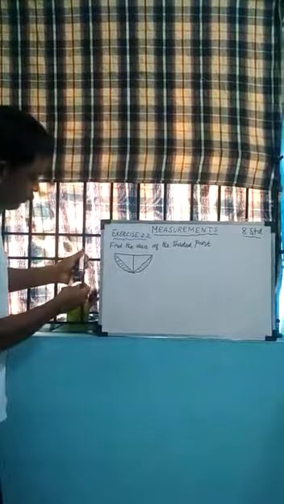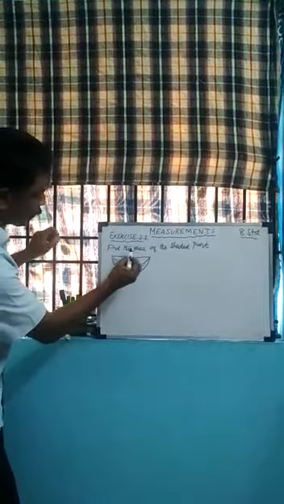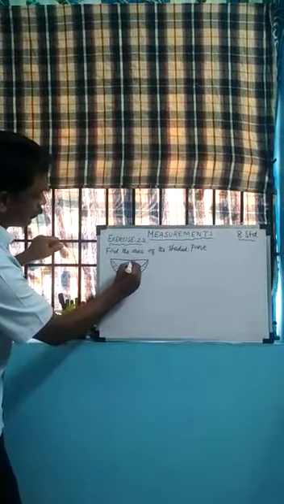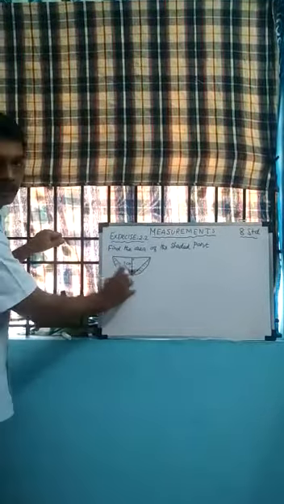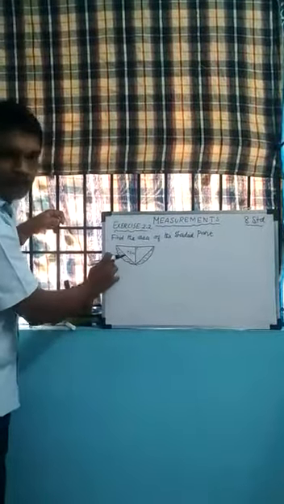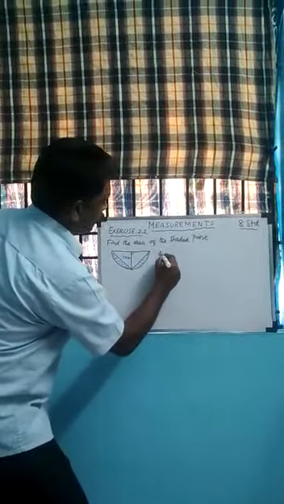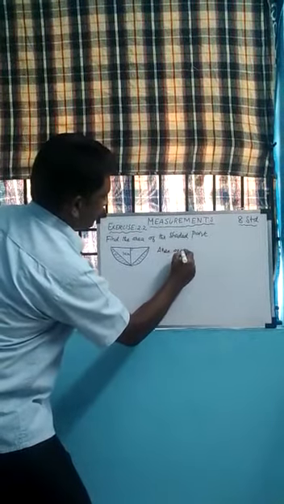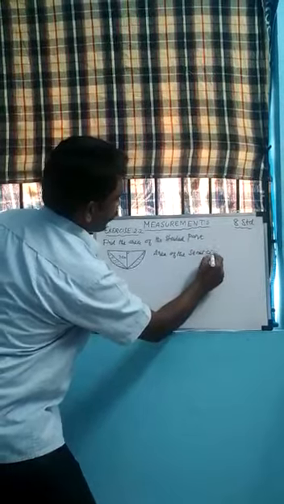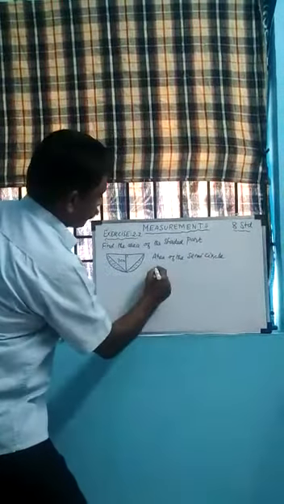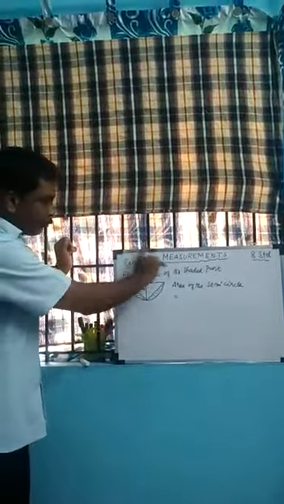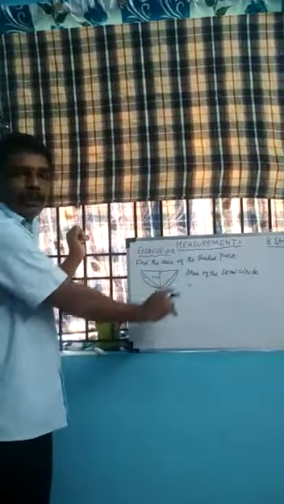The radius is given. The radius is 7 centimeter. This is a semicircle. First we can find out the area of the semicircle. Area of the semicircle, by the formula, area of the whole circle is pi r squared.